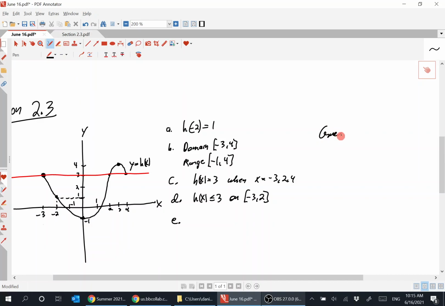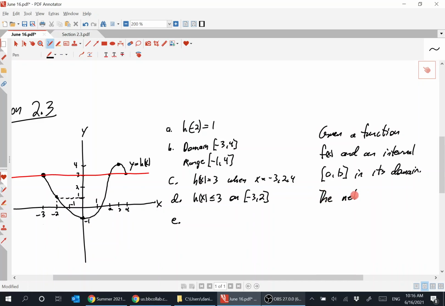Given a function f of x and an interval a to b in the domain, they call it in this book the net change, or it's often called total change as well.